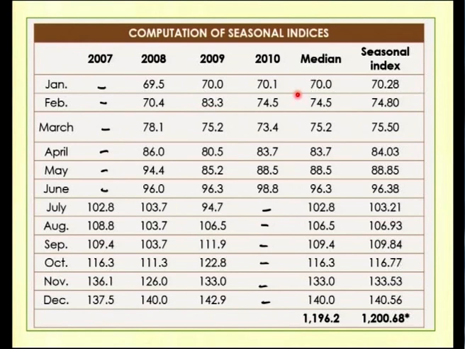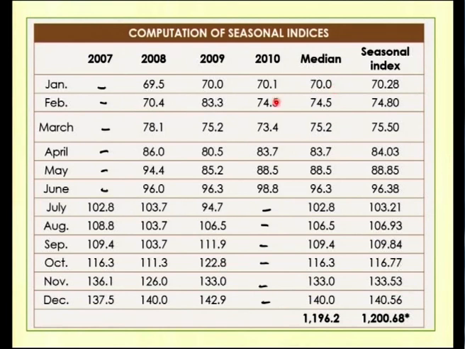The median here is for the month of January for the years 2007, 2008, 2009 and 2010. There are only 3 values because for 2007 there is no value. Arranged in ascending order, they are 69.5, 70.0, 70.1. The middle value is 70.0, so the median is 70.0.